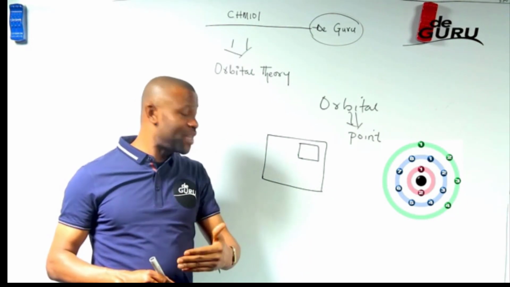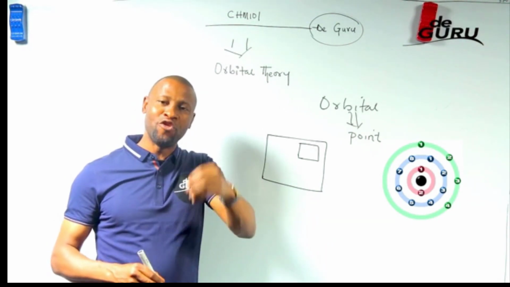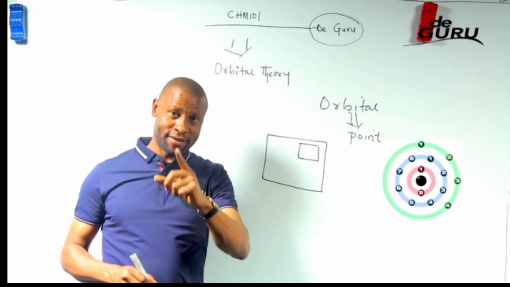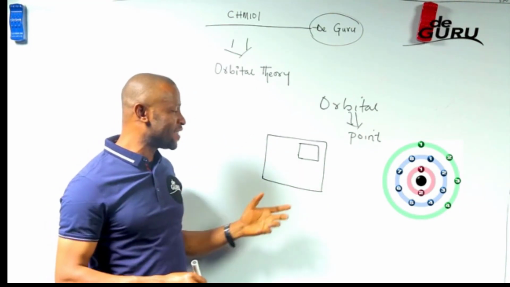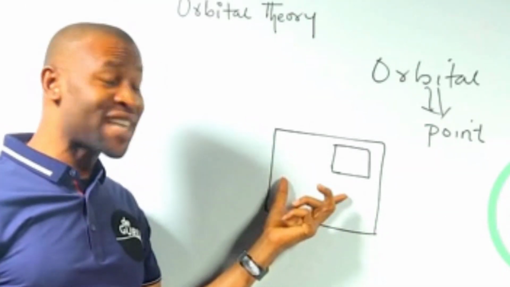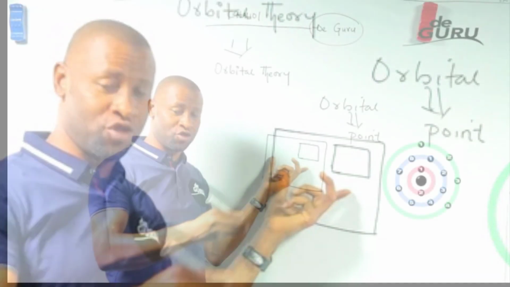Your room is supposed to be a place in your house with the greatest probability of locating you at any time t. In other words, this house can be likened to the shell where electrons revolve around in an atom.